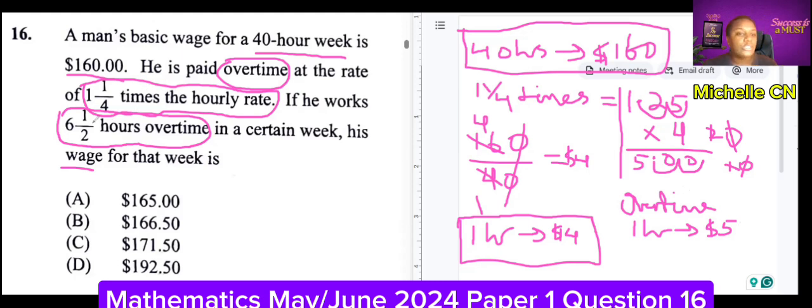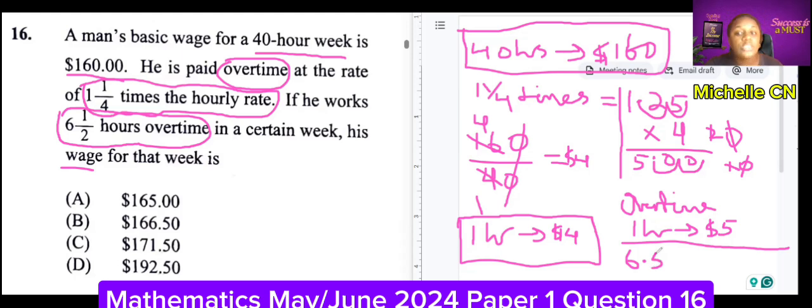Since we now know how much this worker is paid for overtime, and he works 6.5 hours overtime, just like half of $1 is 50 cents, a half in terms of decimal is 0.5 or 0.50. So 6.5 could also be written as 6.50.